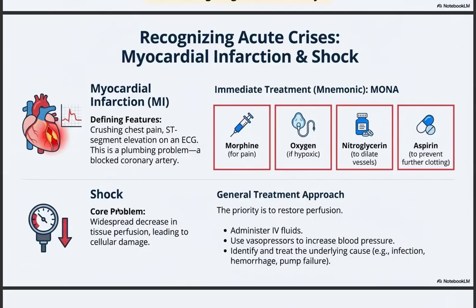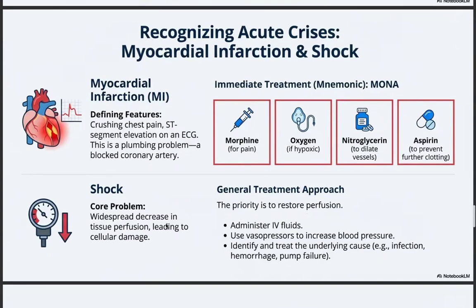For the NSTEMI, sometimes if you give a thrombolytic, it kind of prevents it. They may not have to get a PCI, but we're still trying to restore perfusion to that area. If they go into shock and they start crashing, we'll give them vasopressors like Levophed or Norepi, which are basically the same thing, to bring up their pressures.